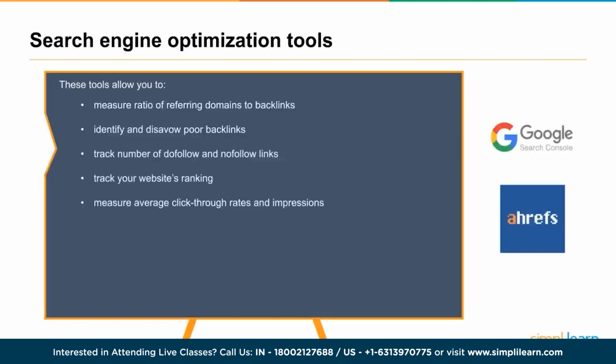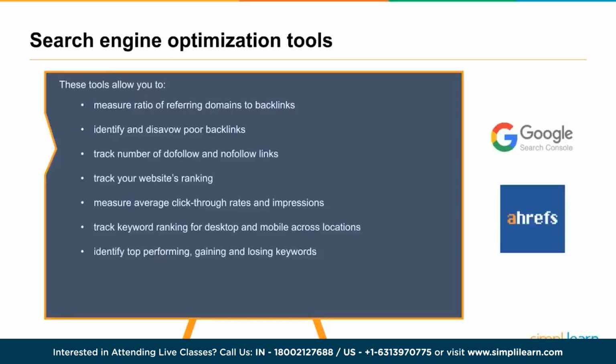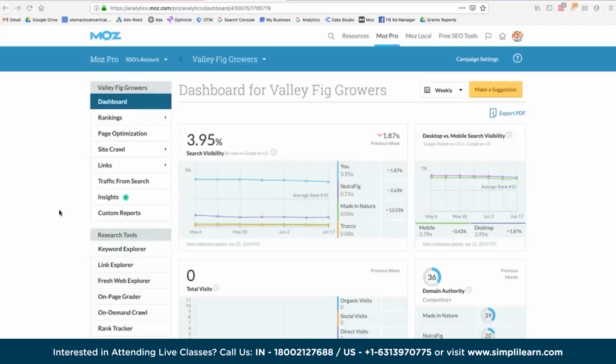We can measure click-through rates and impressions, just as we did with Search Console. We could track keyword ranking for desktop, mobile, across locations, just as we just did with the Search Console Performance Report. We can identify top performing, gaining, and losing keywords. Again, the performance report. So we could certainly look at the Google Search Console report, but if you have a platform like Moz, you can certainly also look at a lot of that data.